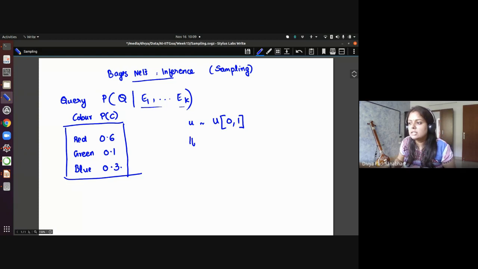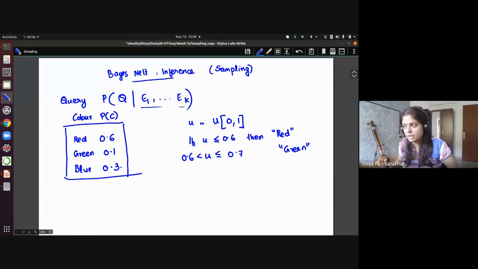So what you do is, if U is less than or equal to 0.6, then I say red. Okay. Now, if U is between 0.6 and, let's say, 0.7, it doesn't matter really, then I think of that as green.